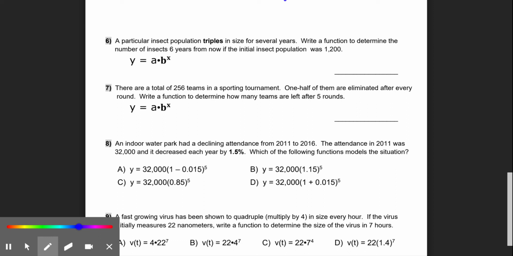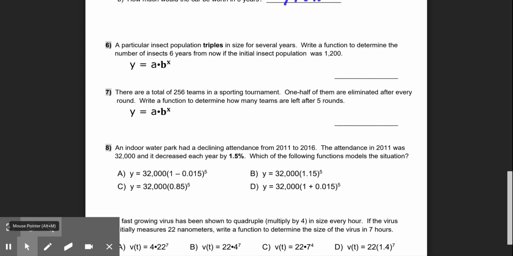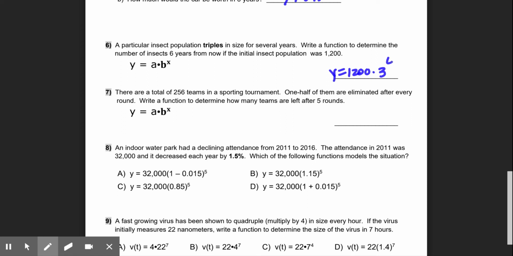Write a function to determine the number of insects 6 years from now if the initial insect population was 1,200. So on this one, we have y equals the initial amount, 1,200, and then triples in size. So that's 3, and then raised to the 6th power.